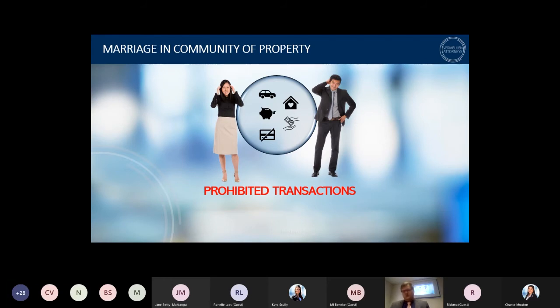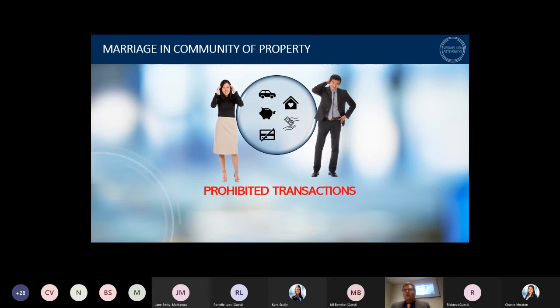Why do we have these prohibited transactions? Let's start with the why before we look at the what. Assume for a minute that our spouse on the left, whom I'm circling here now with my laser pointer, is liable for the debt incurred by our spouse on the right.